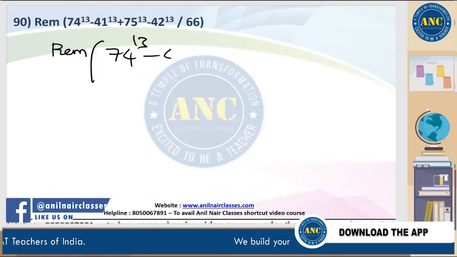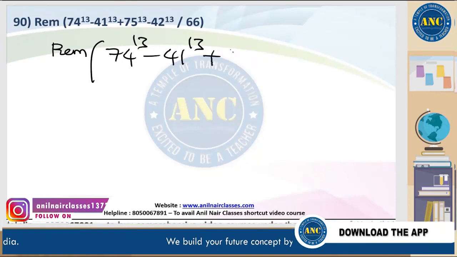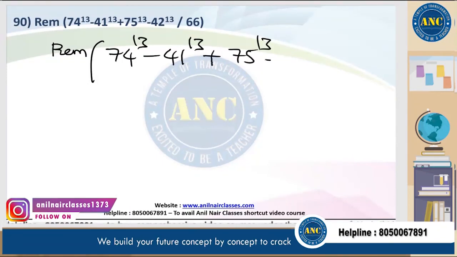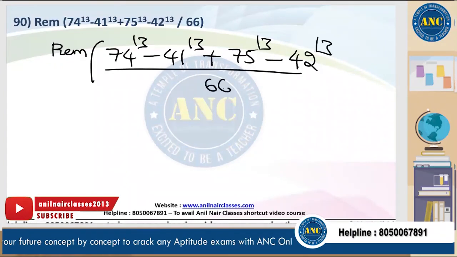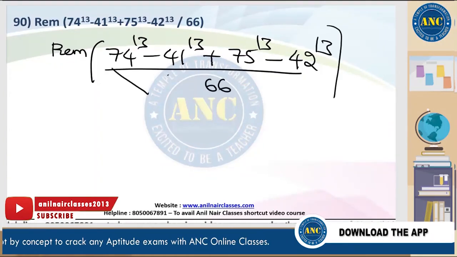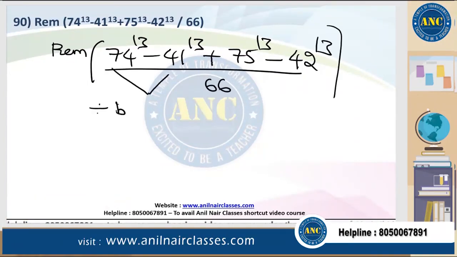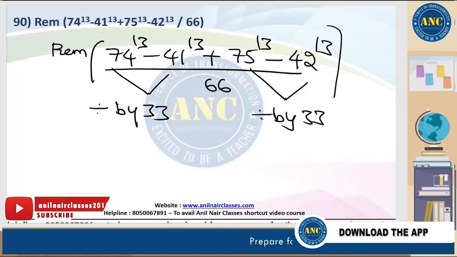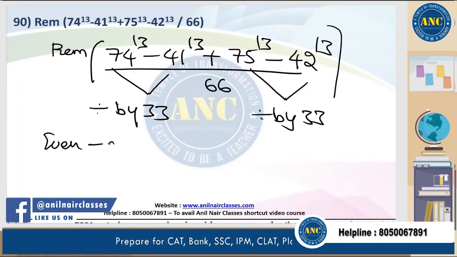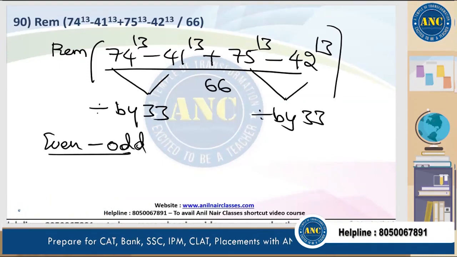74 power 13 minus 41 power 13. 75 power 13 minus 42 power 13 divided by 66. A power n minus b power n is divisible by 33. These also divisible by 33. 74 is even, 41 is odd.